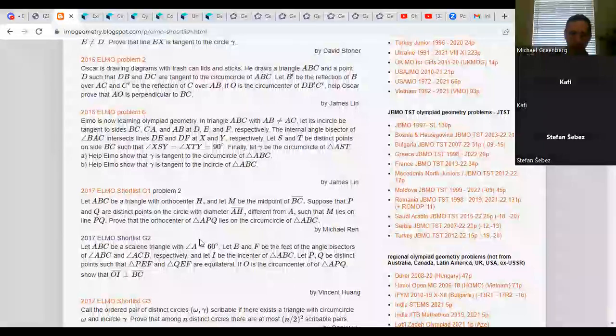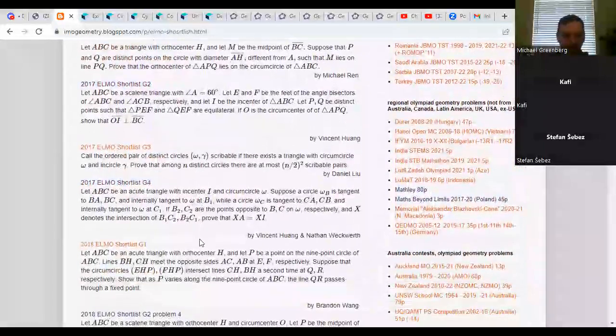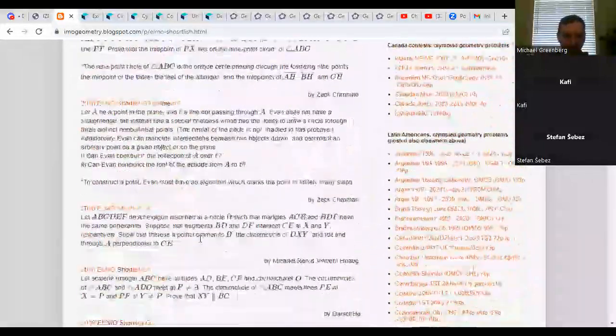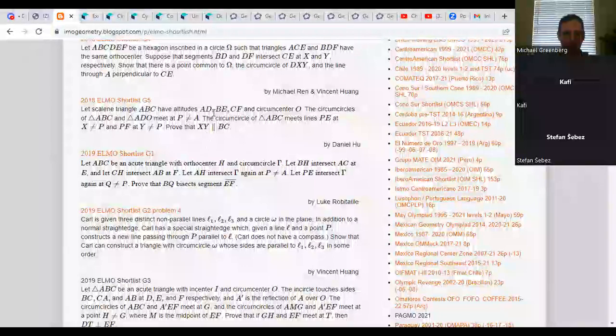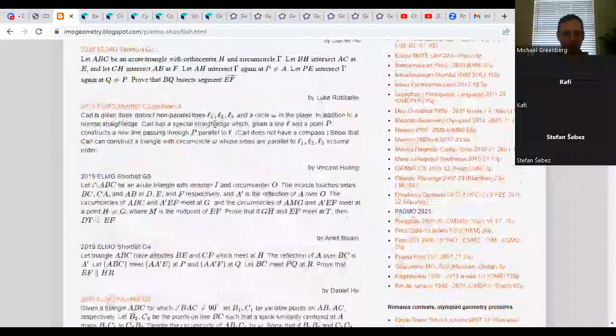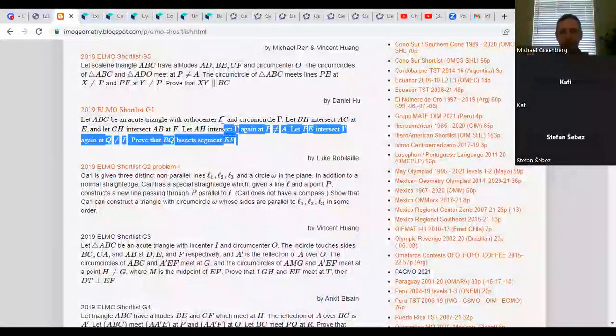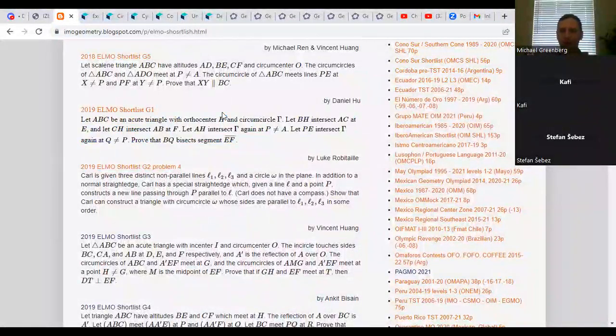I don't know if I remember it, but I think I've done the G1. The G1. Yeah. Oh, this one I've done before. This one's actually pretty easy. Well, it's a G1, so that makes sense. I think I solved it in like 2 minutes. It's just a spiral similarity.